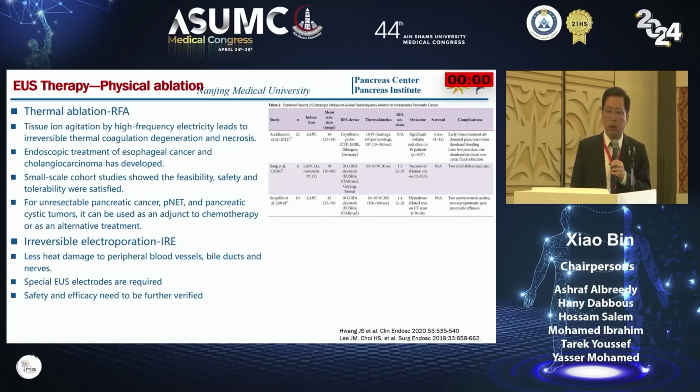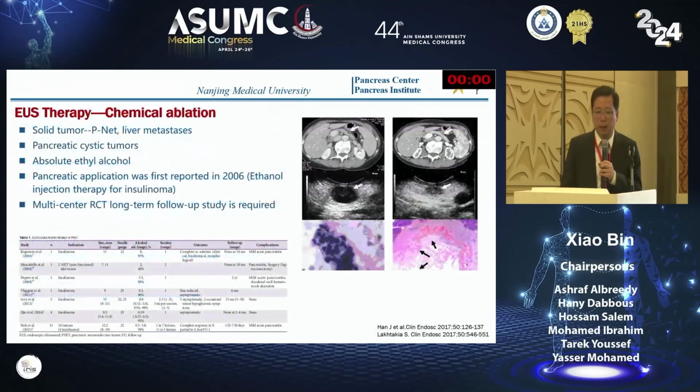Physical ablation includes microwave ablation, radiofrequency ablation, or irreversible electroporation, and can be used with FNA. But the most important is chemical ablation. It can be used for solid tumors like PNET or cystic tumors, with ethanol.